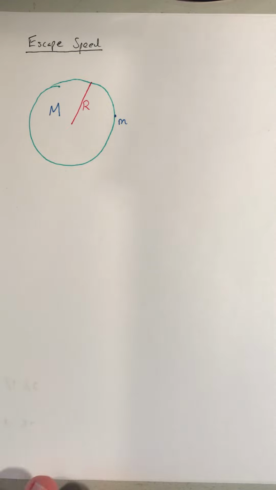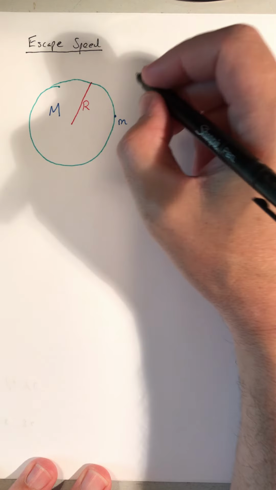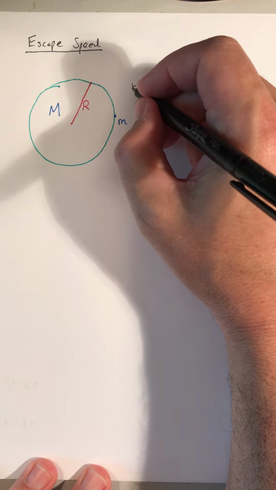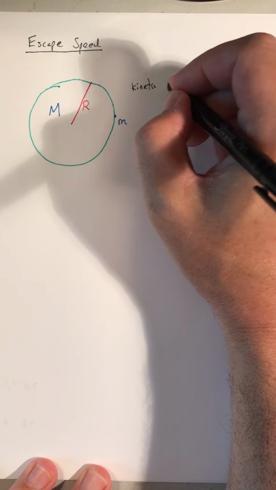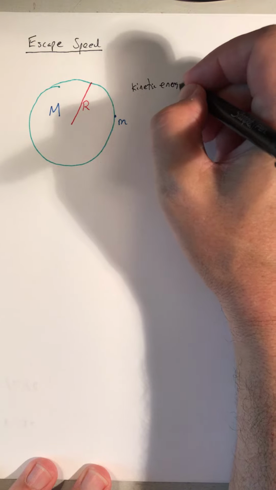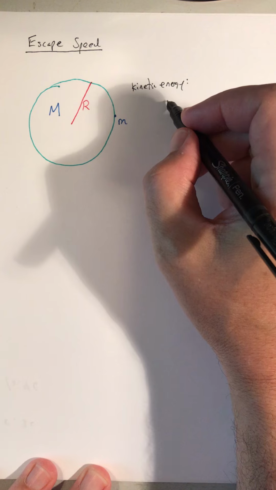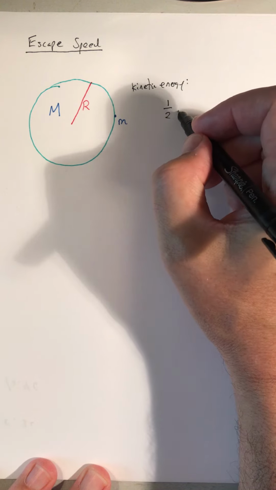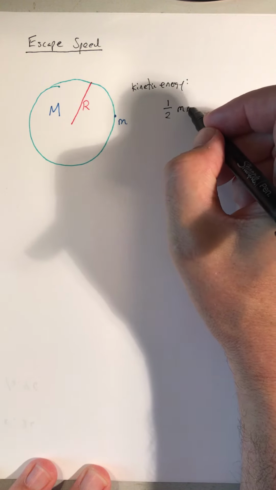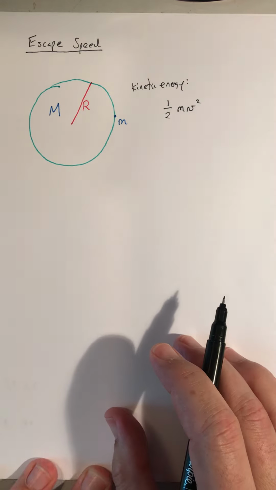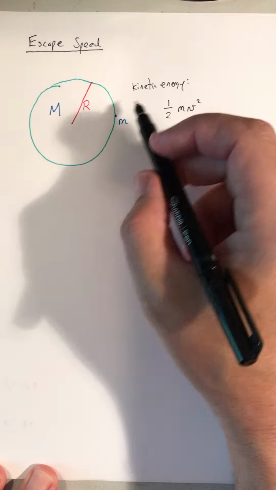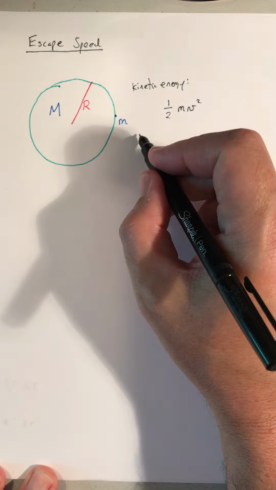To derive this, I'm going to do a couple relationships. We're going to talk about kinetic energy that this mass little m has, and that is a half its inertial mass times its speed squared, and then how much gravitational potential energy it has.